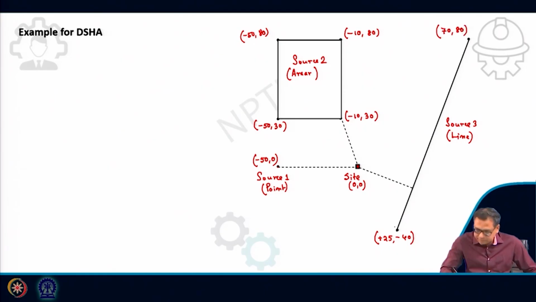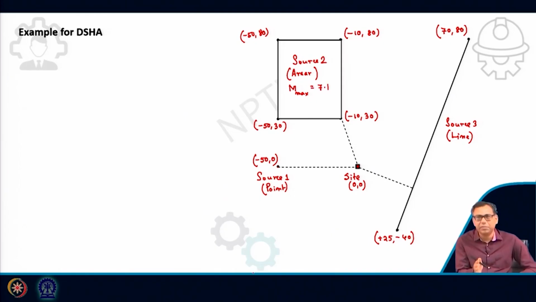So first we identify these sources with respect to the site and their coordinates, and now we identify the maximum possible earthquake size each source can produce. Here the M max for source 2, the maximum possible earthquake it can produce, is a magnitude of 7.1.